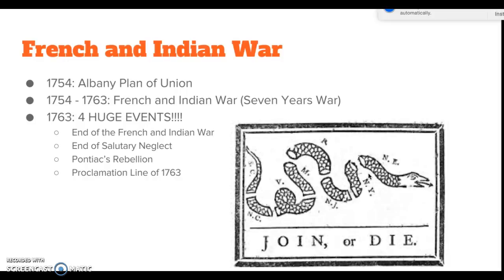He makes a pretty famous political cartoon here known as Join or Die, a serpent representing each colony, symbolizing that if the colonies don't unify together to exterminate the French presence, then there won't be a colonial America. This plan essentially failed, ironically, but the British and the colonists would defeat the French in the French and Indian War.